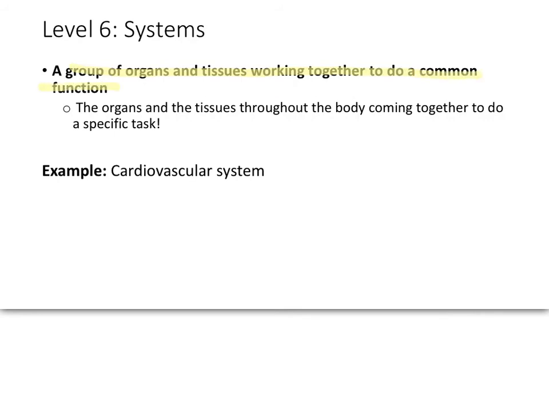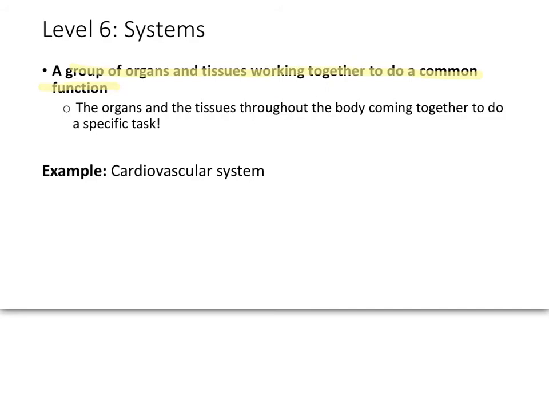So a system is like an organ, but on a grander scale. If we remember, an organ had different tissues working together. Well, in a system, you have different organs and tissues working together for a common function.